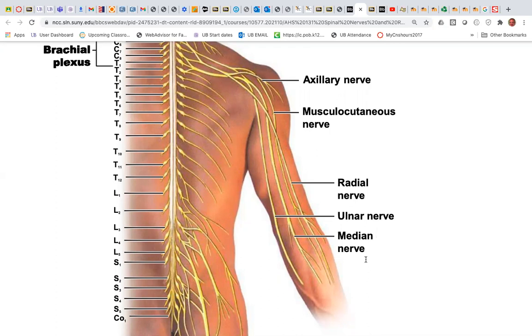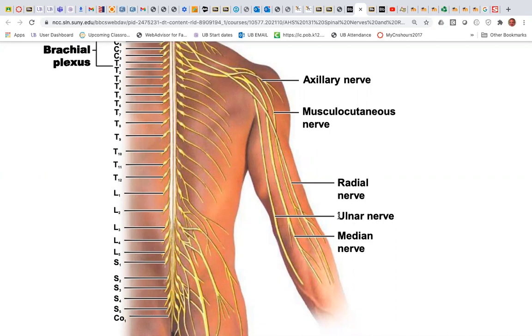The median nerve and the ulnar nerve deal with the flexors of the wrist and flexors of the finger, with the majority of them being innervated by the median nerve. More than 90% of the finger flexors and wrist flexors are innervated by the median nerve. The only ones that get ulnar nerve are the flexor carpi ulnaris and half of the flexor digitorum profundus.